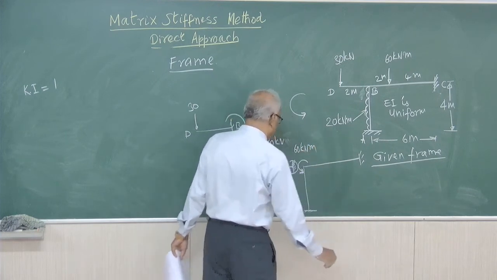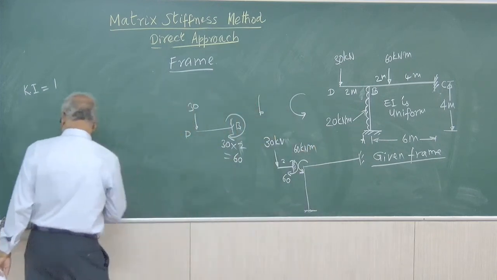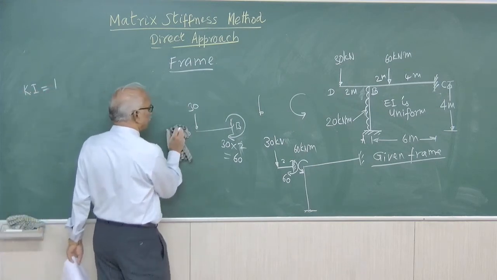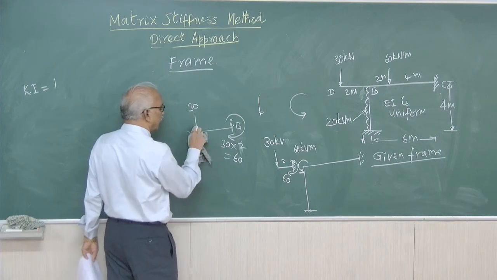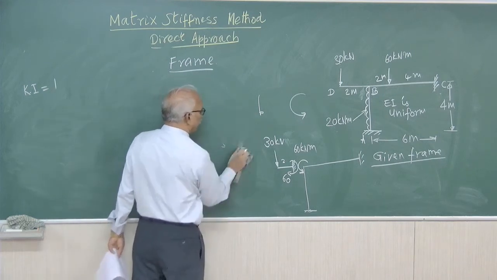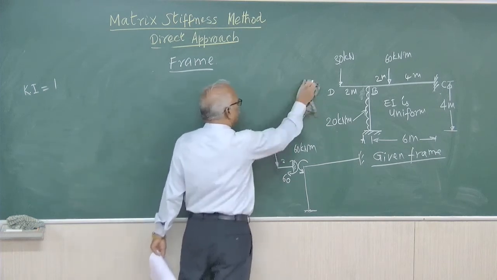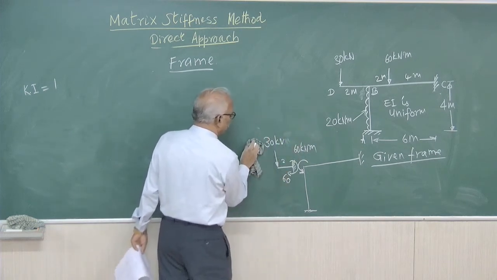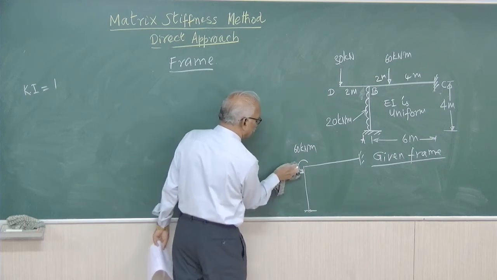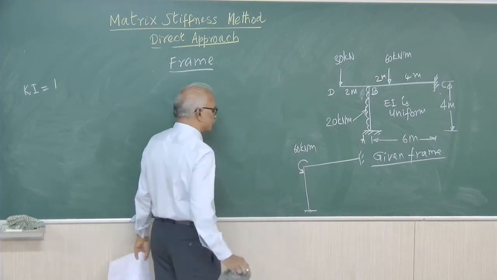Therefore, in the frame it is 60. Therefore, this loading on the overhanging part, this is for the cantilevering portion. Right. Now, forget about this portion. So, this load is equal to this moment. That's all.